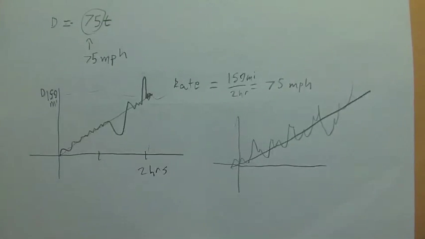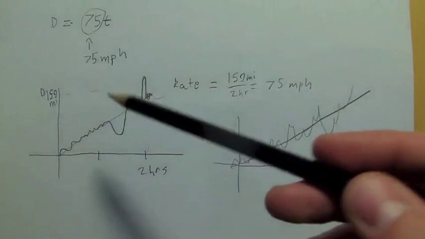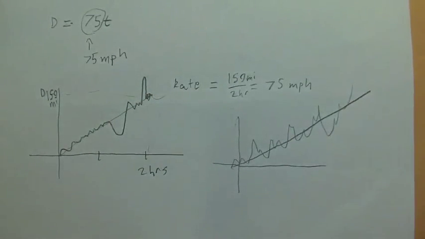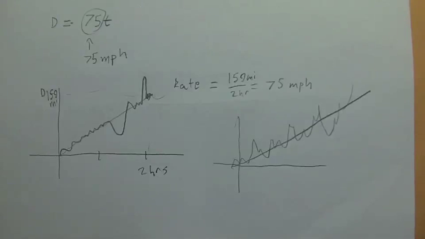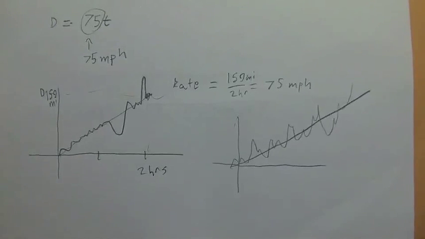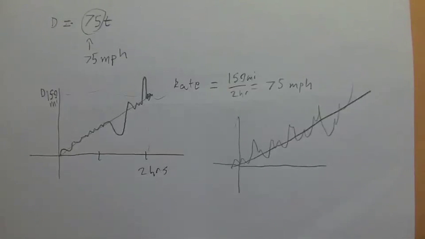But in this example, what I can say is that even though I'm never really traveling at 75 miles per hour exactly, and if I am, it's only for seconds, at this particular second I'm hitting 75 miles per hour, at this particular second it's up to 76. You're oscillating around that velocity throughout your trip.